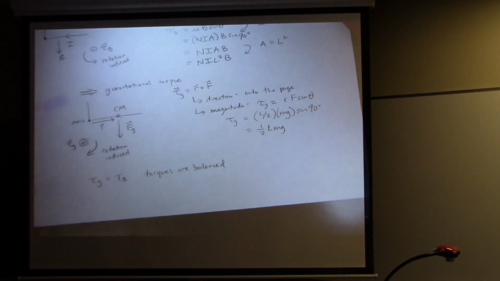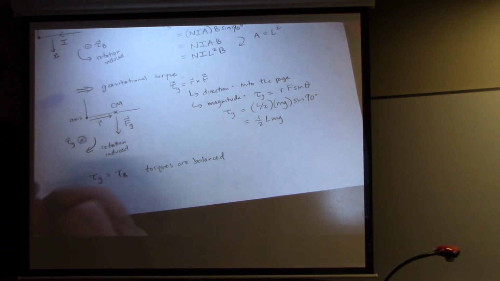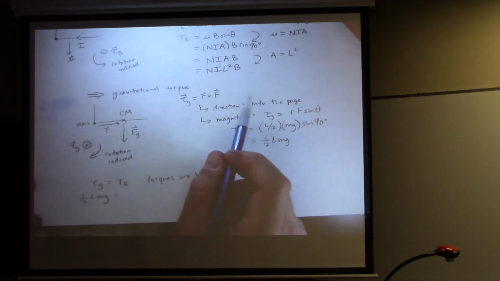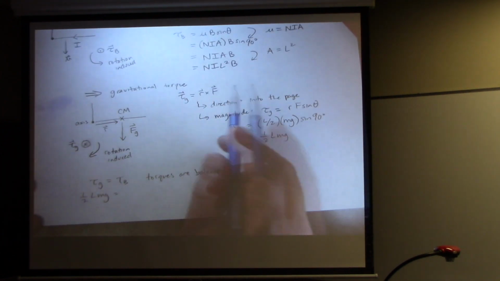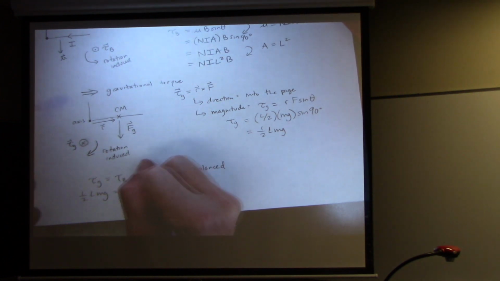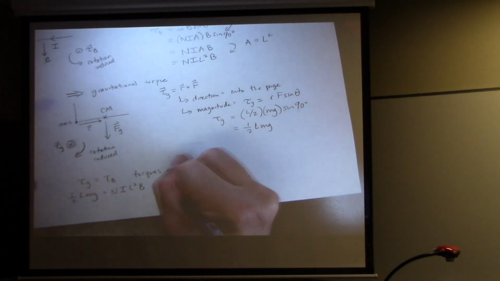So the magnitude of the gravitational torque, 1/2 L times mg, equals the magnitude of the torque from the magnetic field, which is N times I times L squared times B. And again, what we're doing is solving for I, the current.